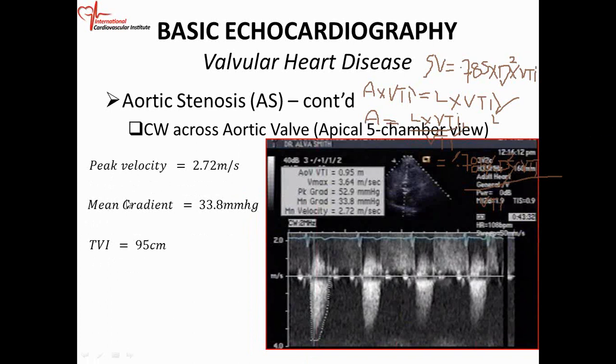You don't want to use faulty information. You don't want the surgeon to open the patient's chest and then the valve is wide open. You will never be able to practice your craft again because you didn't calculate the things properly. So multiple windows, because you want to get the ultrasound beam as parallel to the blood flow as possible.